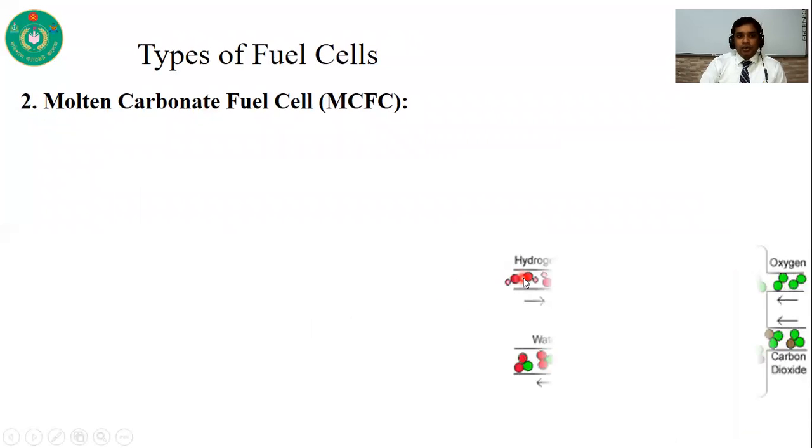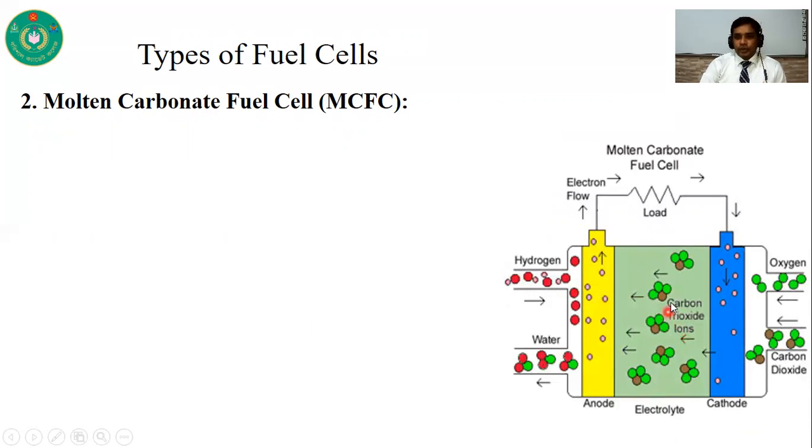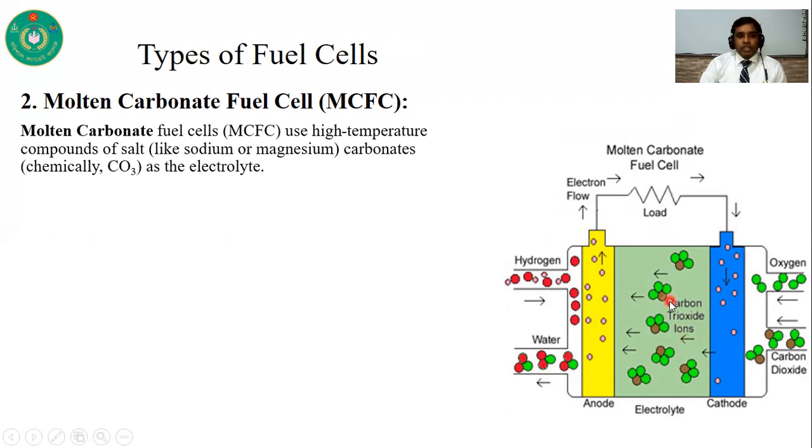Another fuel cell is molten carbonate fuel cell. In molten carbonate fuel cell, we use a high temperature compound salt, for example, like sodium carbonate or magnesium carbonate, as an electrolyte. So as electrolyte we use carbonate, that dissociates or melts at high temperature.